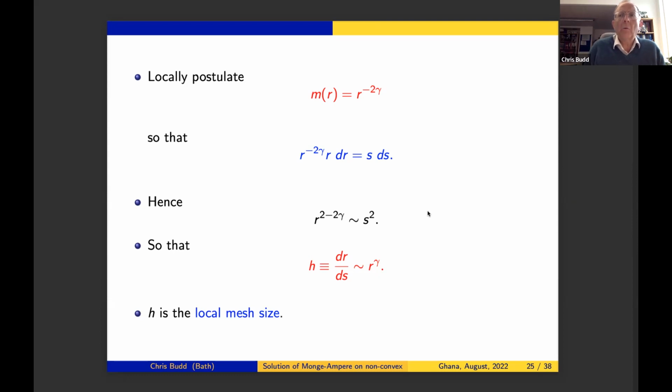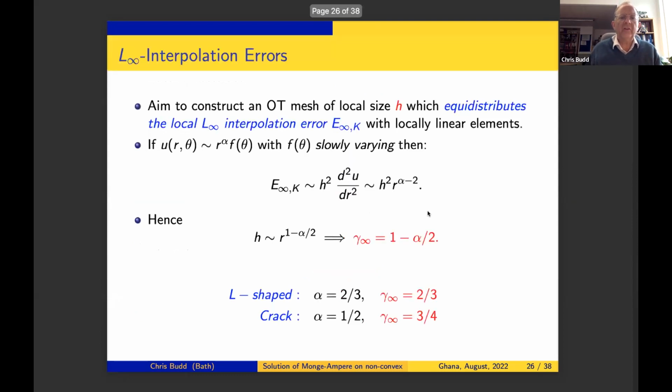We can actually work out what gamma should be in various cases. If you look at interpolation error, with u looking like r to the alpha f of theta, then the L infinity interpolation error over a mesh cell of size h turns out to be h squared times the second derivative of u, which is h squared r to the alpha minus 2.